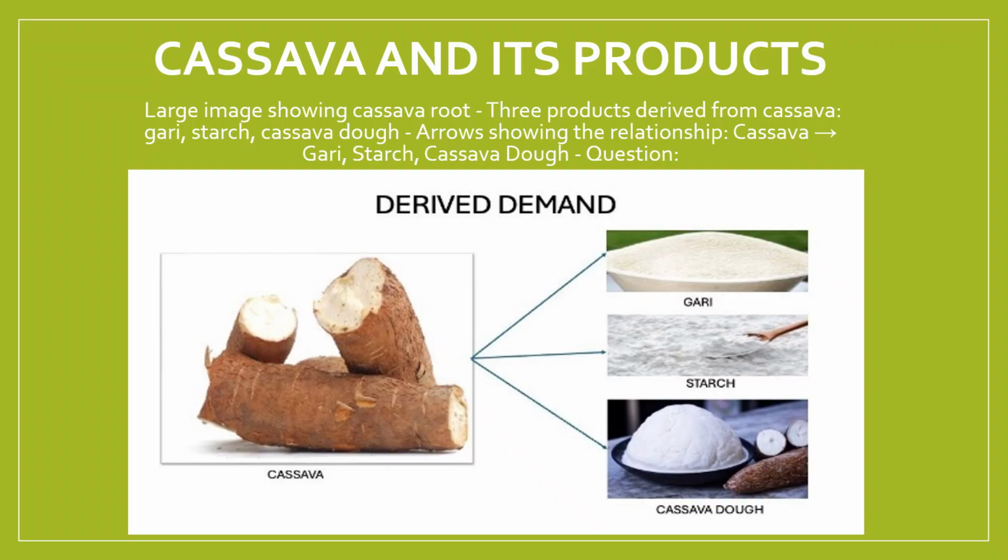Look at station 1. What do you see? You see cassava, a root vegetable widely grown in Ghana. From cassava, we can make 3 products. If you look at the picture, we have gari, starch, and cassava dough.